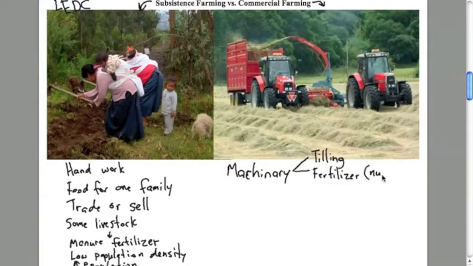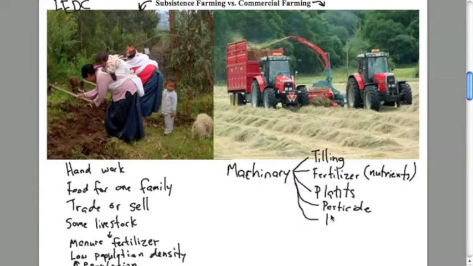Again, if we spread fertilizers, it's simply to add nutrients to the soil. Additionally, they might use it to plant the actual plants that they're working with. Once you have the plants in place, you might use it to spread pesticides. So anytime you're trying to kill any organisms like insects or bugs or other creatures that might be living there. And then finally, as you can see up in the picture, they might use machinery for something like harvesting.